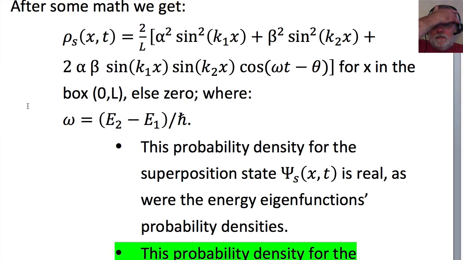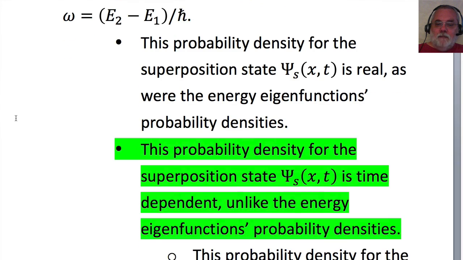The probability density for the superposition state is real. There are no longer any complex numbers in this equation. So it's real just as the energy eigenfunctions' probability densities were real. However, this probability density for the superposition state is time dependent, unlike the energy eigenfunctions' probability densities.